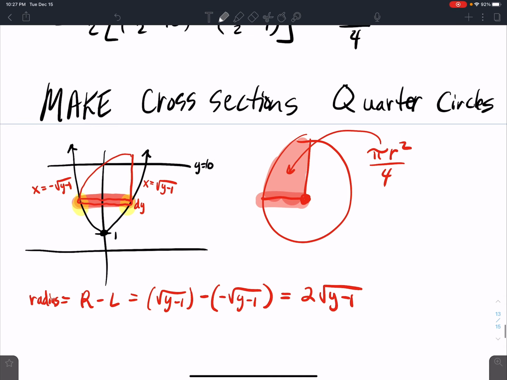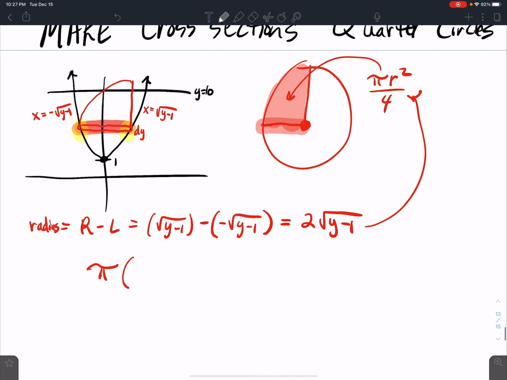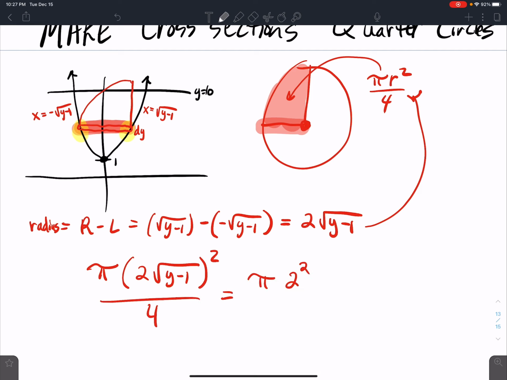And so now I know I can plug this into my formula. So I have pi r squared, so that's pi times 2 square root y minus 1 squared over 4. So that's pi, and then I have 2 squared, and square root y minus 1 squared, over 4.